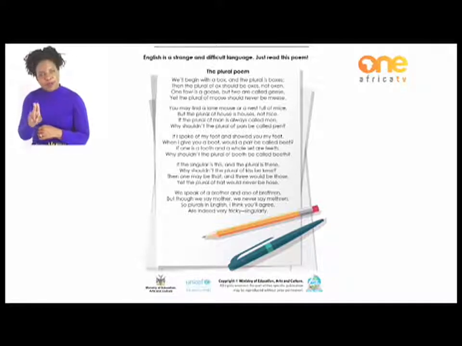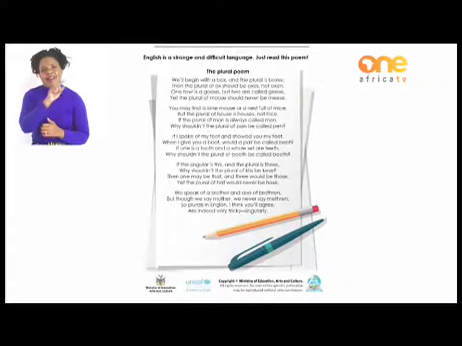If I spoke of my foot and showed you my feet, when I give you a boot, would a pair be called beet? If one is a tooth and a whole set are teeth, why shouldn't the plural of booth be called beeth? If the singular is this and the plural is these, why shouldn't the plural of kiss be keys?